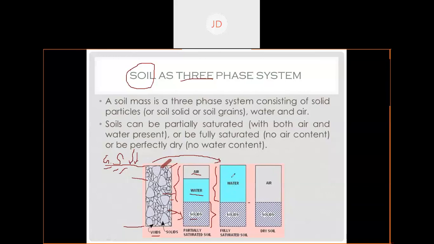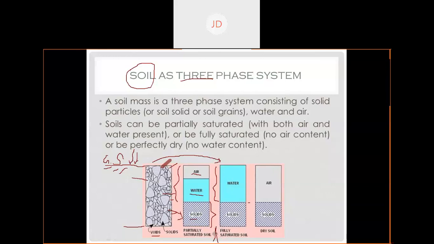So all the voids are filled with water, and this type of soil is known as fully saturated soil. Now, can you see the difference between partially saturated soil and fully saturated soil? It only represents what is present in the void, whether the voids are filled with water or not.